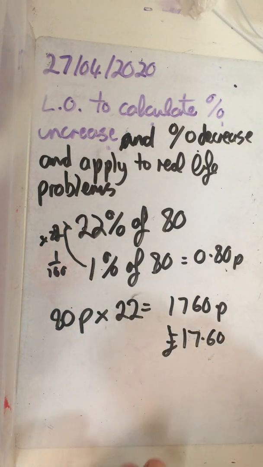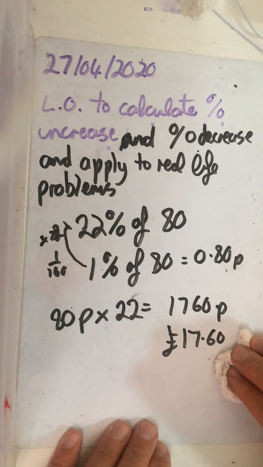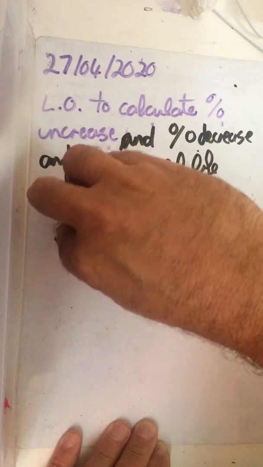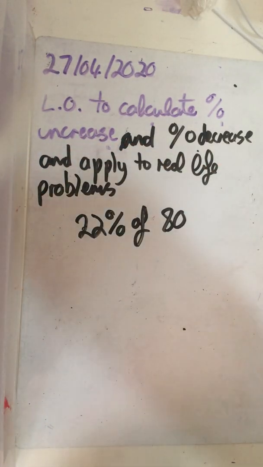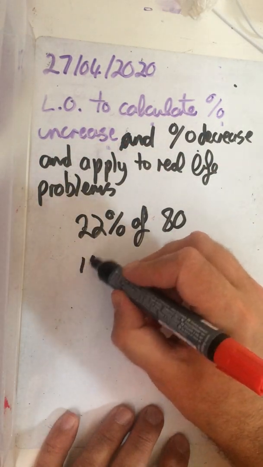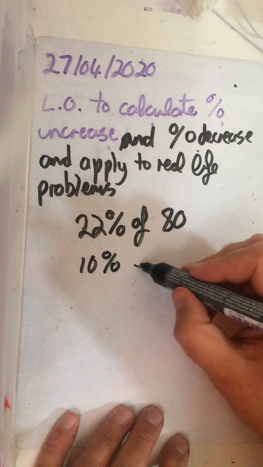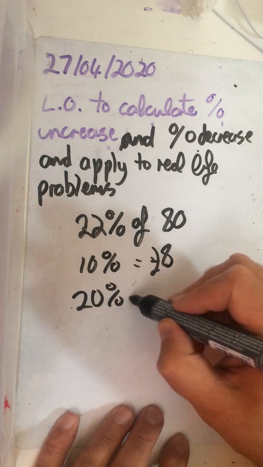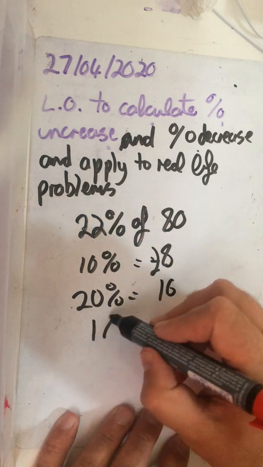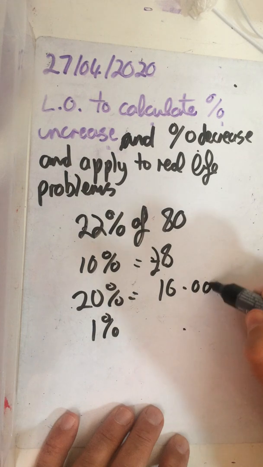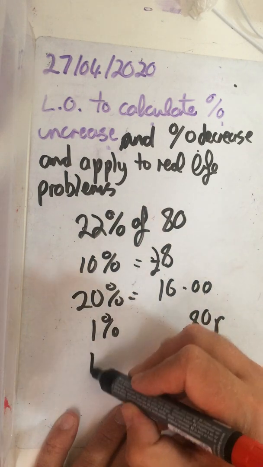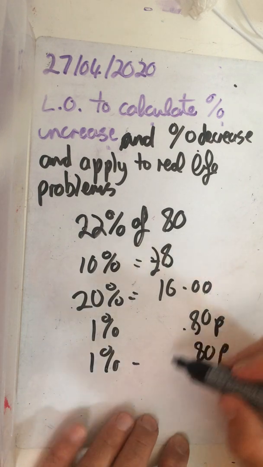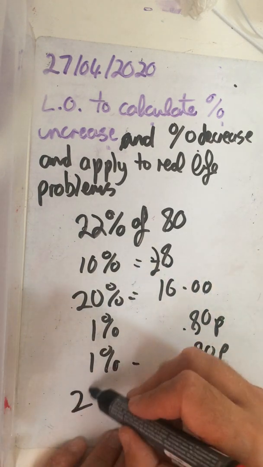But the way I personally prefer to do these when I'm not using a calculator is to find 10% first. 10% would be £8, 20% would be £16, and then 1% is 80 pence, another 1% is 80 pence, and then I add them up because that comes to 22%.